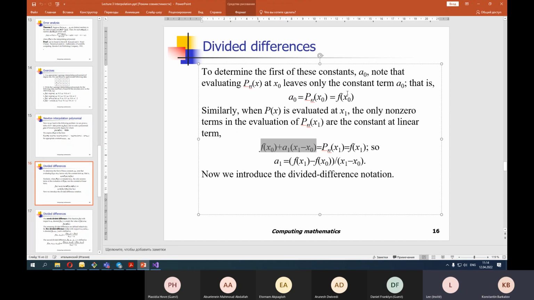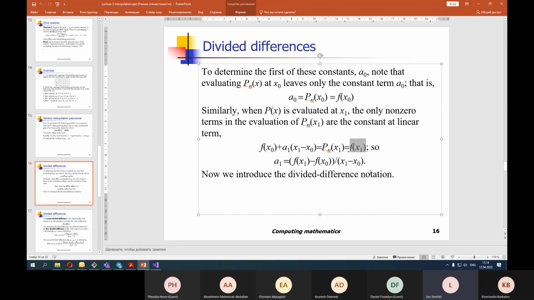a0 equals f of x0, plus a1 times (x1 minus x0), equals Pn of x1, but Pn of x1 equals f of x1.